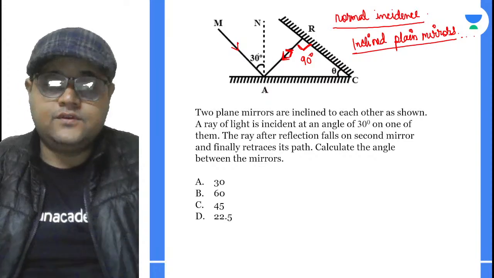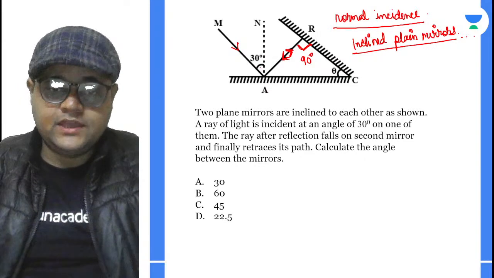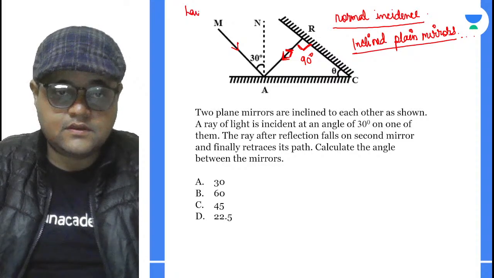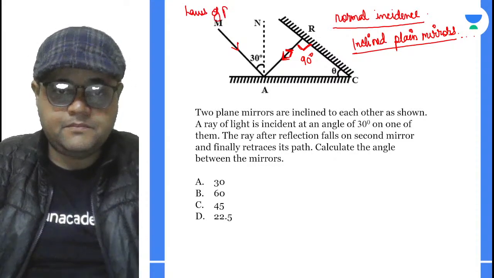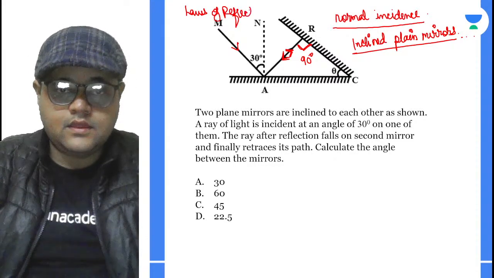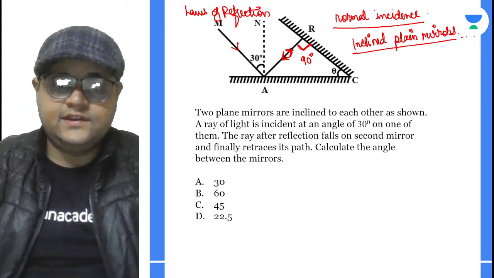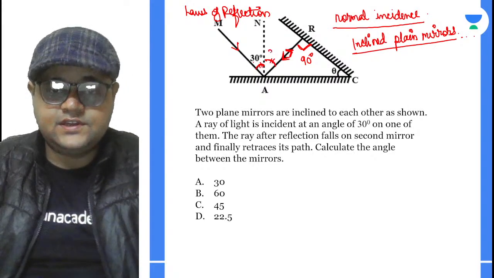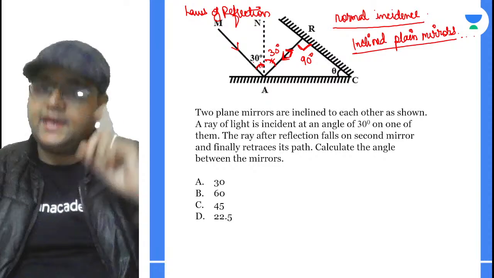The very first thing we have to keep in mind is that we have to apply the laws of reflection. And what does it say? It says that the angle of incidence and the angle of reflection are equal. So if this is 30, this has to be 30 as well.